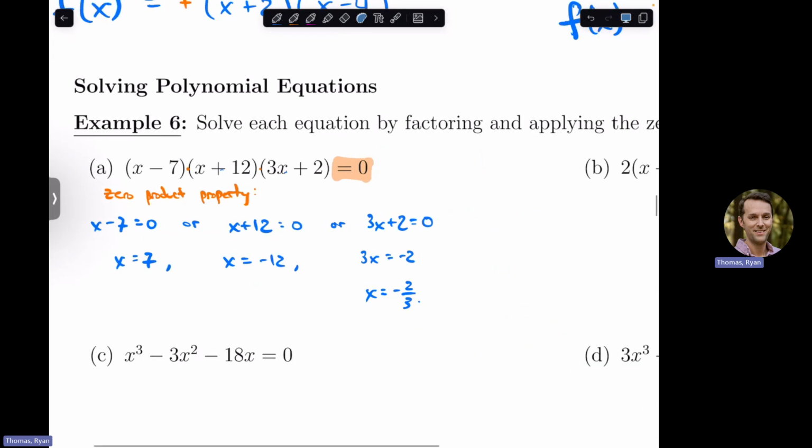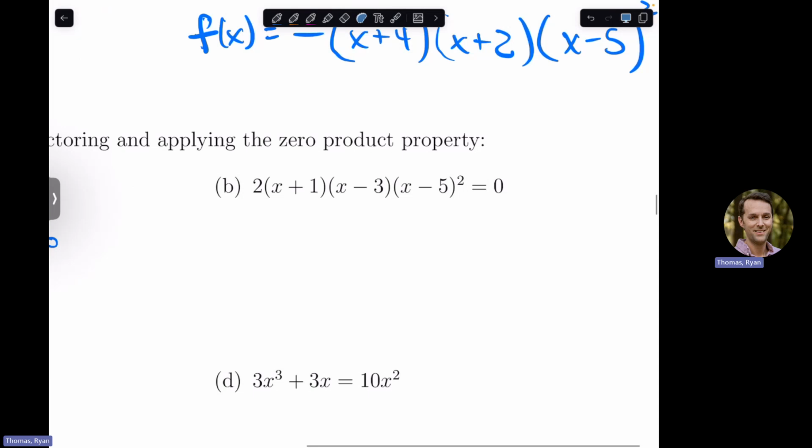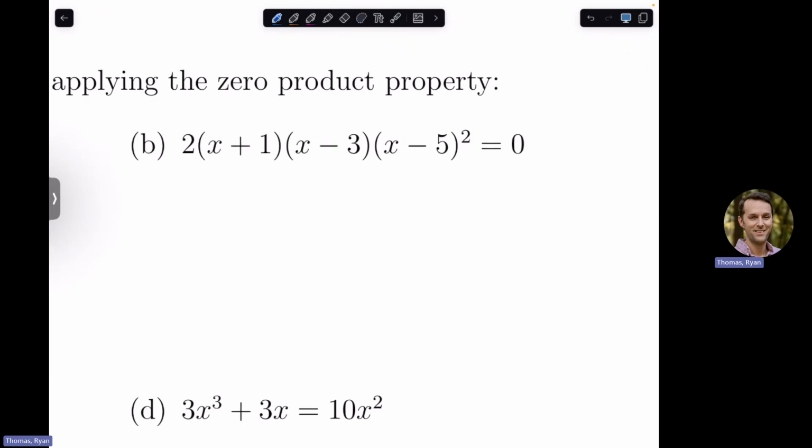The same thing is going to be true on B then, right? So we should almost be able to just look at this and write down what the solutions are, right? What are they? If this is 0, then x is negative 1. If this is 0, then x would be 3.